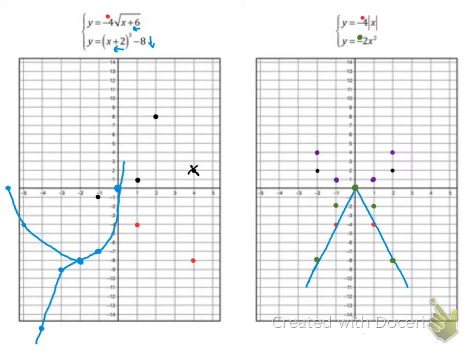So here is, now I'll do this one in green, our parabola. And notice that, again, we have those 2 points of intersection right there where they overlap.